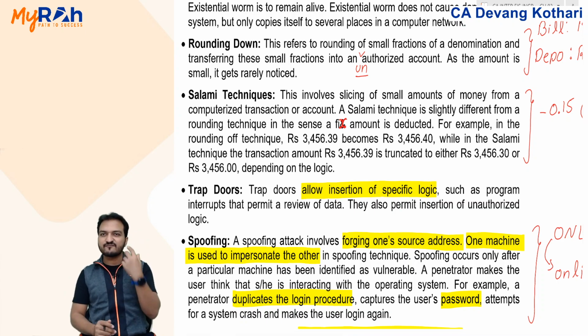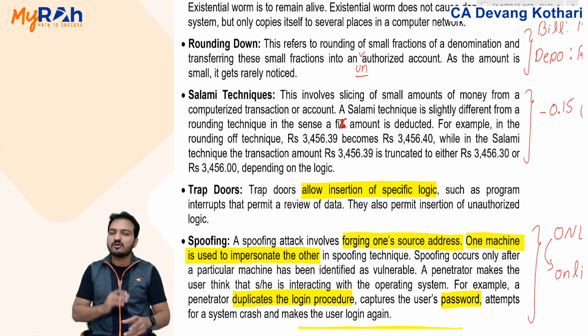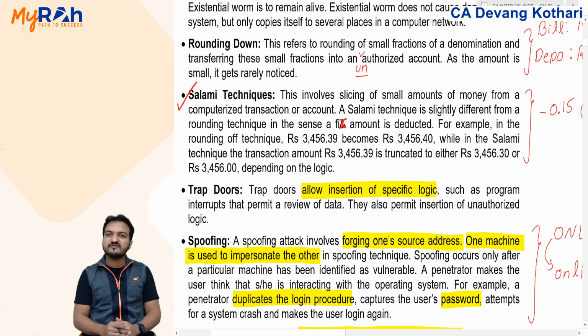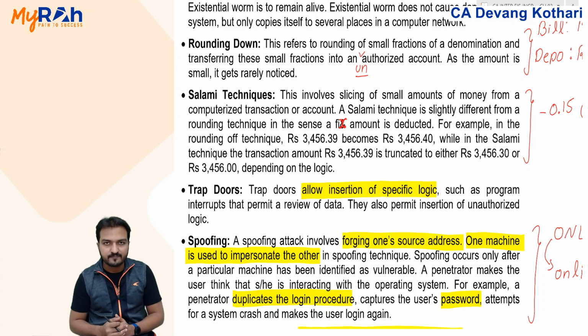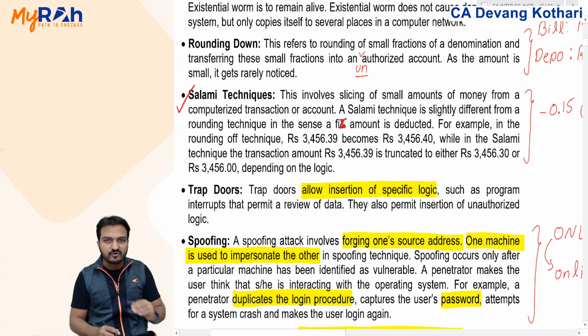Because that fraction amount is very small, it will rarely be noticed. And the salami technique is even more advanced. Look, if all the fractions are rounded off, it might be noticed sometime. But in the case of the salami technique, all fractions are not rounded off.